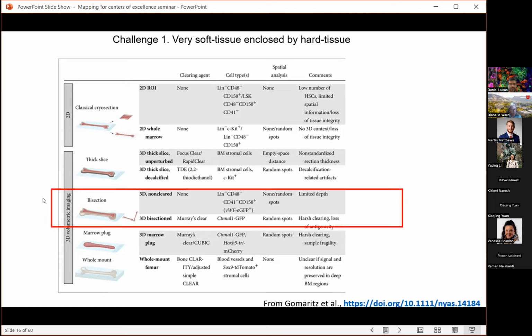What my lab uses is the bisection method. This was originally developed in Neil Young's lab at NIH, and then used mainly by Paul Frenette's lab to interrogate the localization of stem cells in the marrow. I trained with Paul Frenette, and I continue using this method.